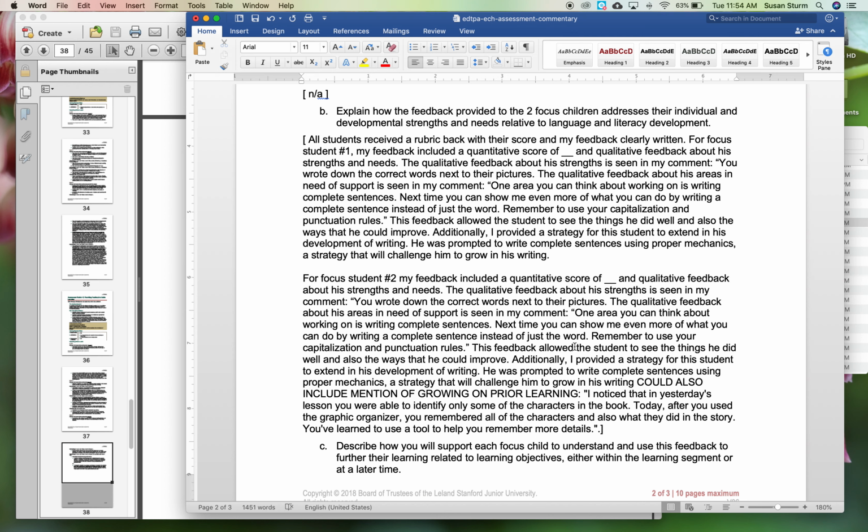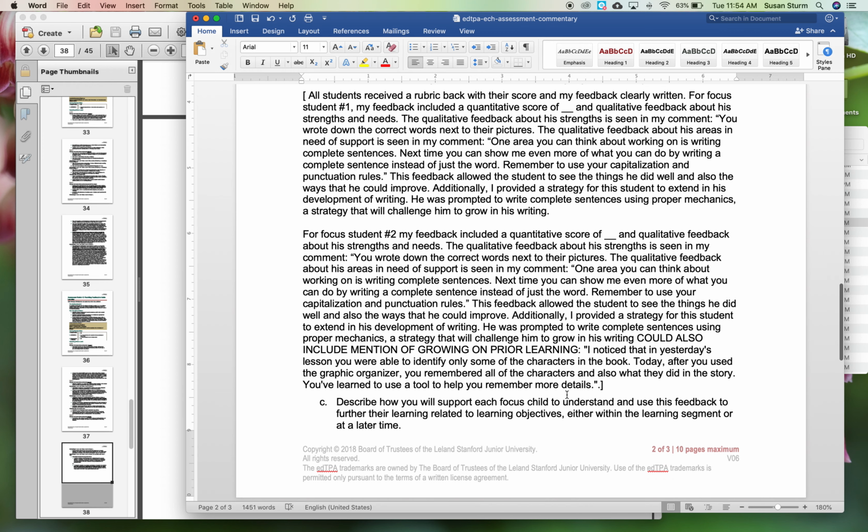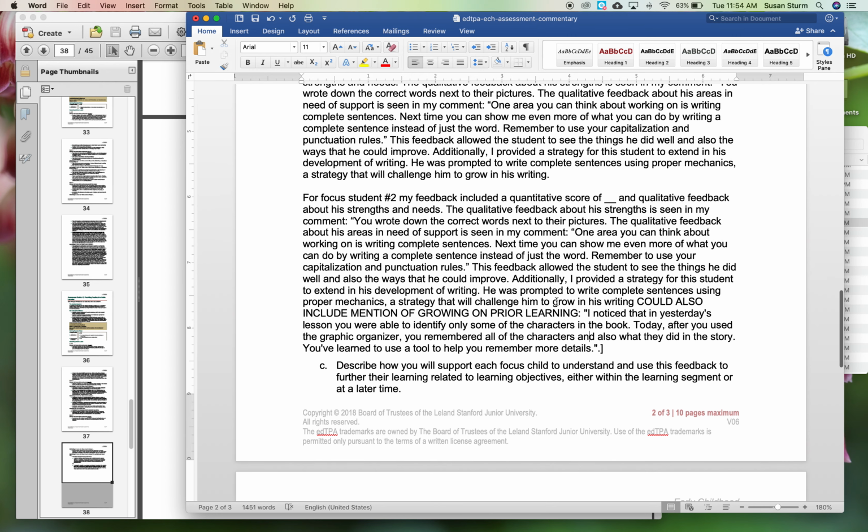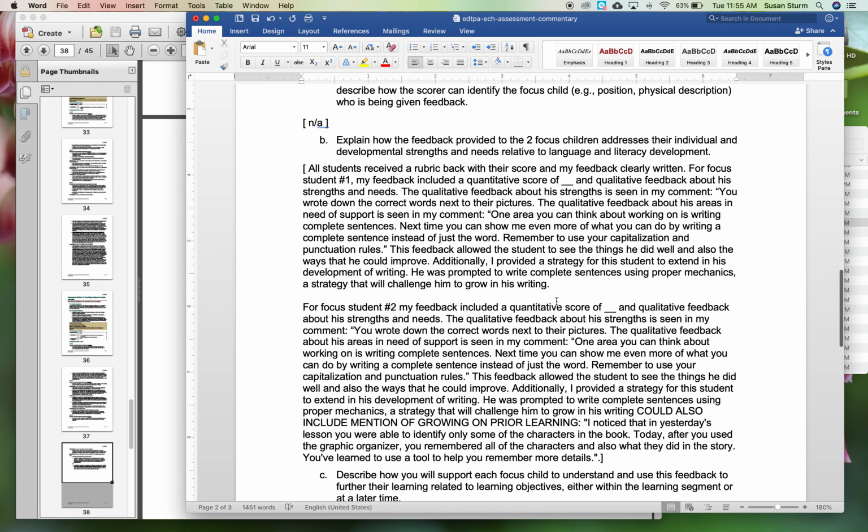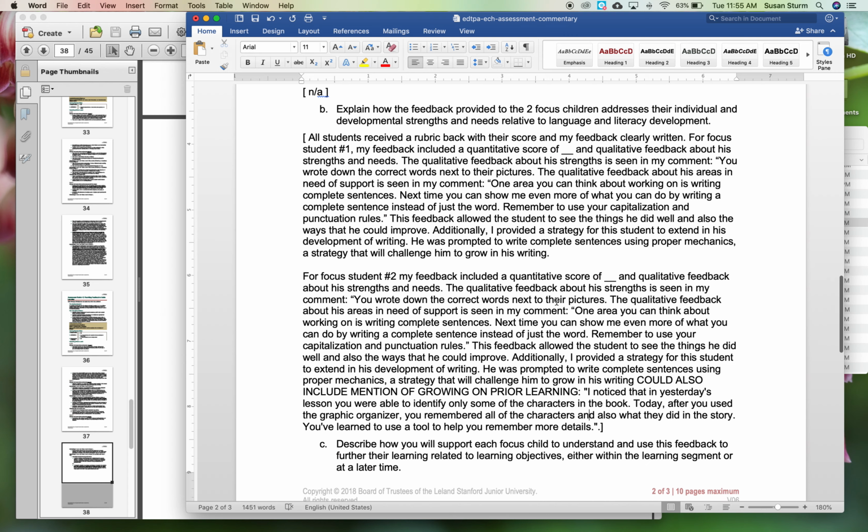Growing on the strengths, talking about the needs, coming up with a clear strategy or a clear connection to how they're growing on their prior learning. So things like, I noticed that you used to do this and now you're doing this. Way to go. You've got a good tool. So you could get a level 5 on this rubric, but it's all about writing that feedback to your student.